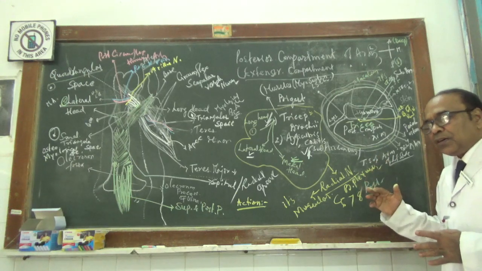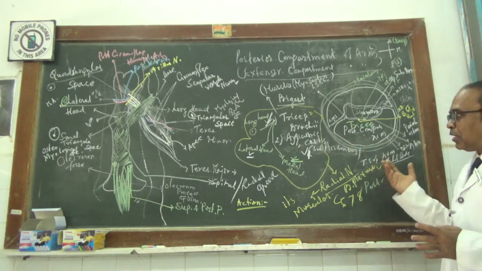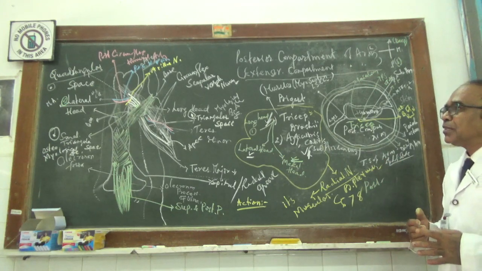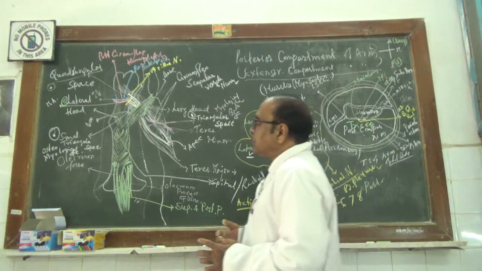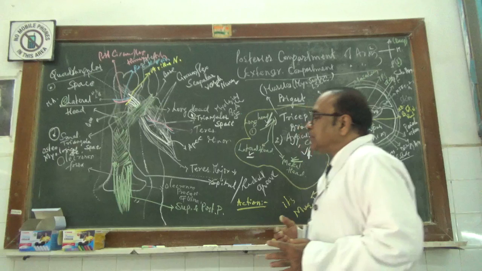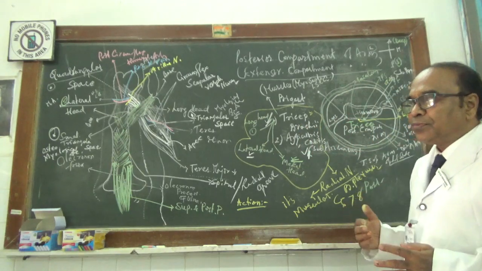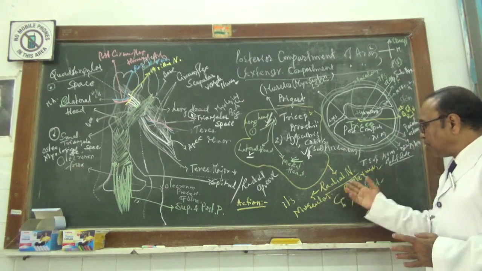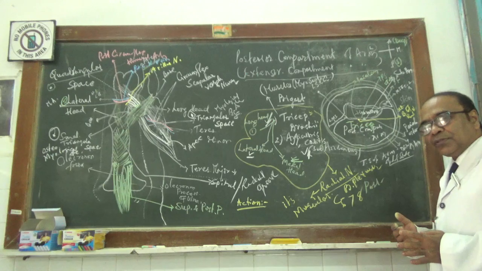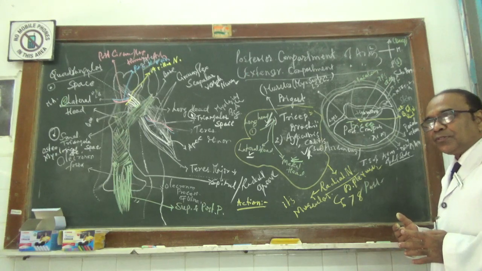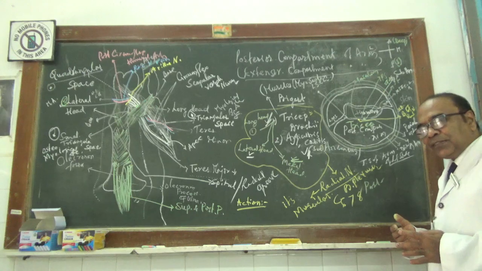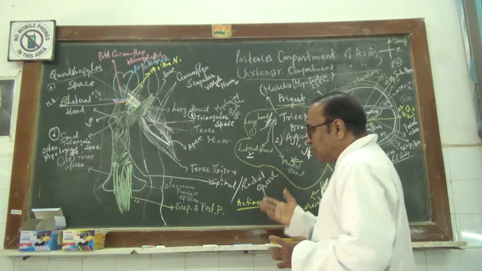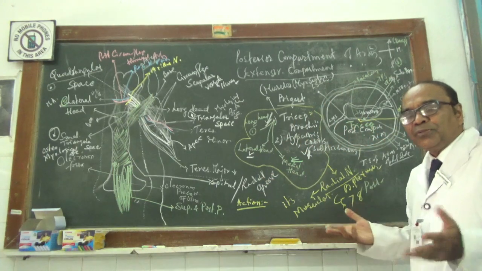Now the applied anatomy of the triceps. If the muscular branches of the radial nerve, which come from C6, C7, C8 from the posterior cord of the brachial plexus, are damaged, then the action of the medial head, lateral head and long head will not get performed.